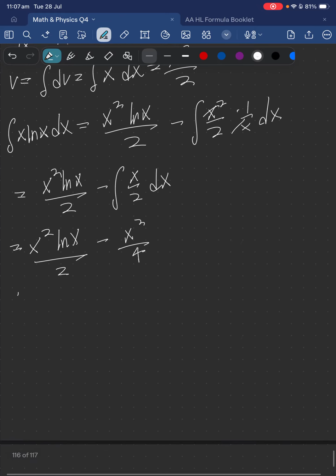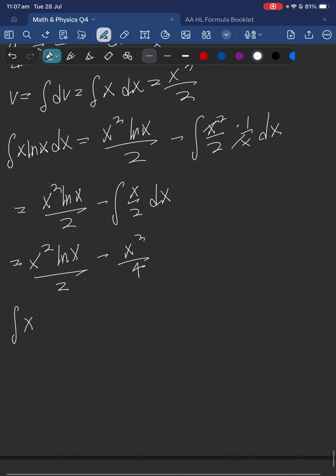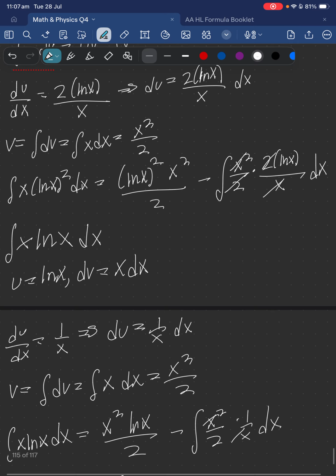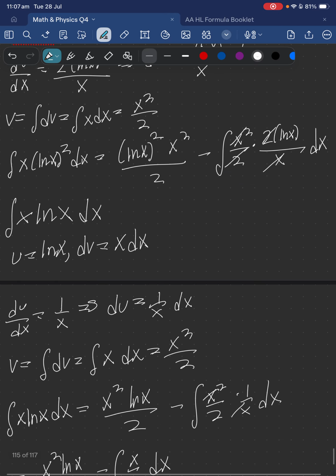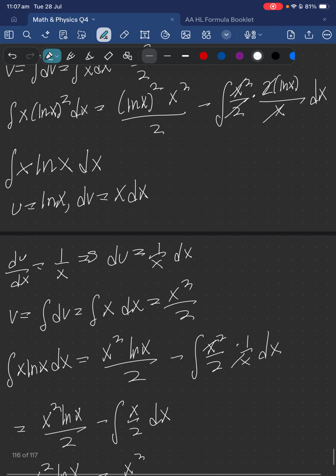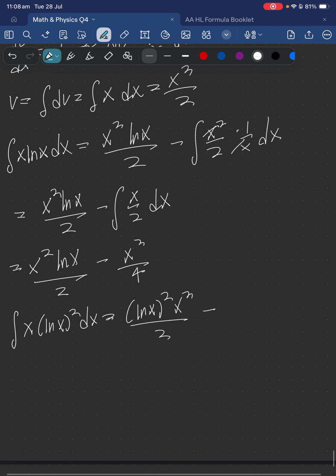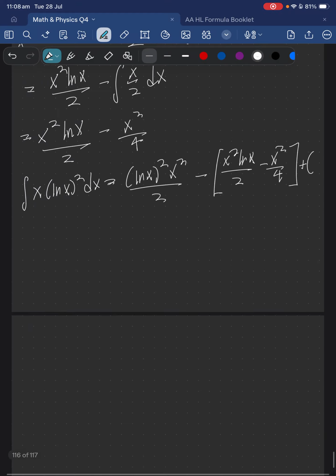And finally, we can put this into our original problem, which was the integral of x times the natural log of x squared dx, which is going to be the natural log of x squared times x squared over 2, minus what we have got up here, which would be x squared ln x over 2 minus x squared over 4, plus c, our integration constant.